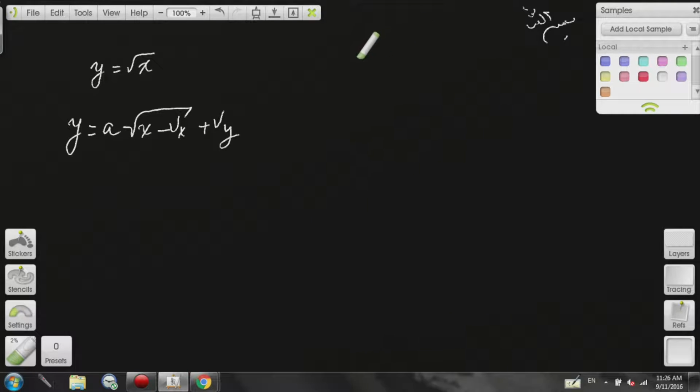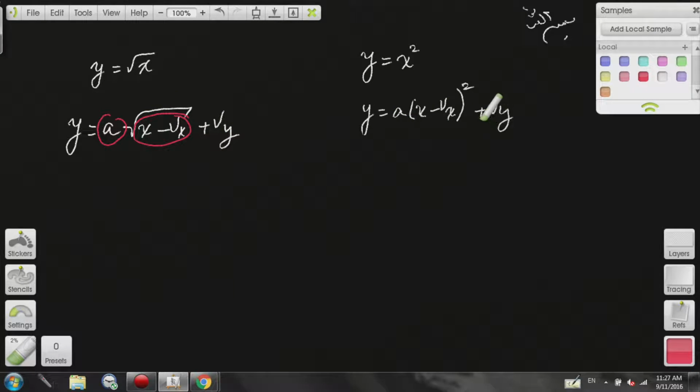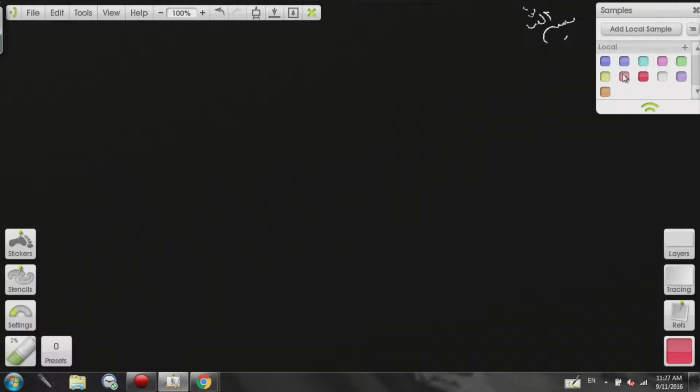Now, if you recall from quadratic functions, the general equation was y equals a times x minus vx squared plus vy. And if you notice, these are very similar: a, x minus vx, and vy. The only difference between these two is this one has a square and this one has a radical symbol in the same area. Okay? So I'm going to explain this to you.